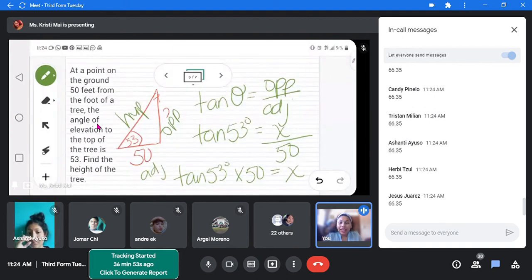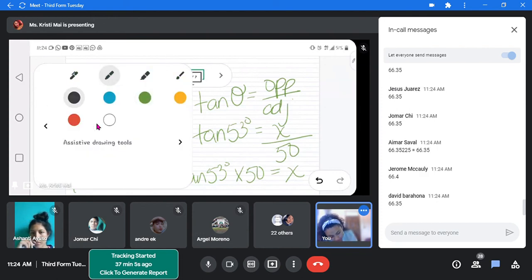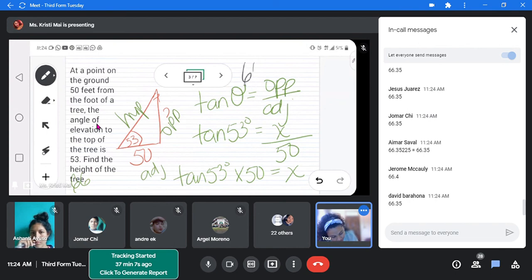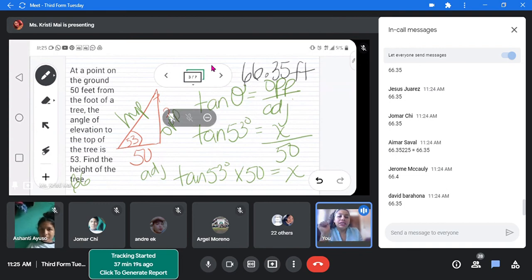Okay, and now in this case, our answer is going to be 66. Let me write it somewhere. You can see. 66.35 feet because it is a distance. Anybody has any questions?